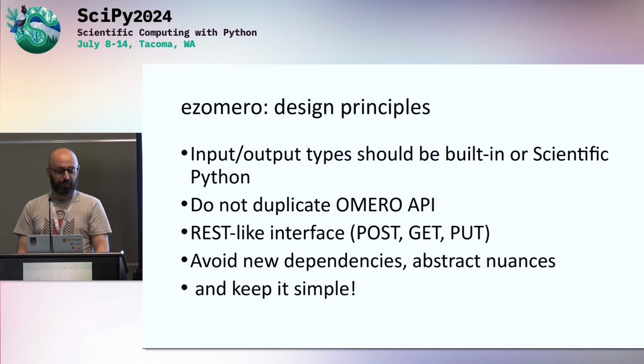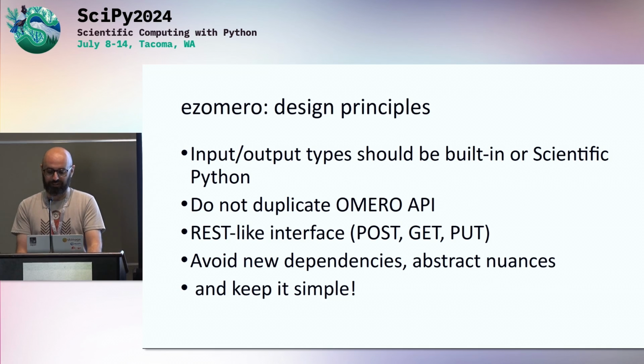So we made all our input-output types either built-in or scientific Python, so NumPy arrays, pandas data frames, stuff like that. We do not want to duplicate anything that already exists in the API. If there is a function that does what you want in the original API, we are not going to have an ezomero function that does the same thing. We wanted a REST-like interface where you're doing posts to create new things in the server, gets to get things from the server, and puts to change things in the server.